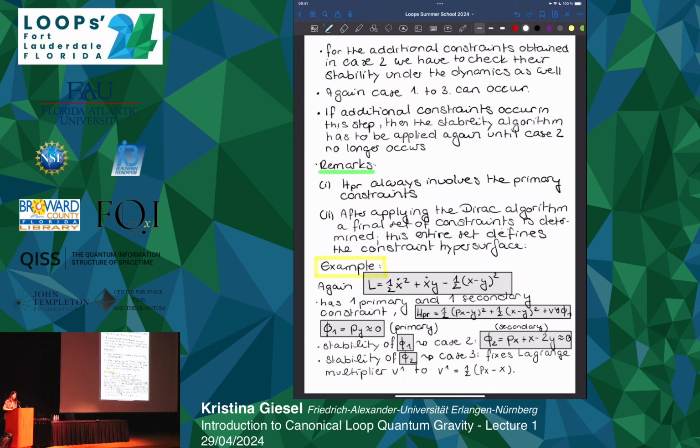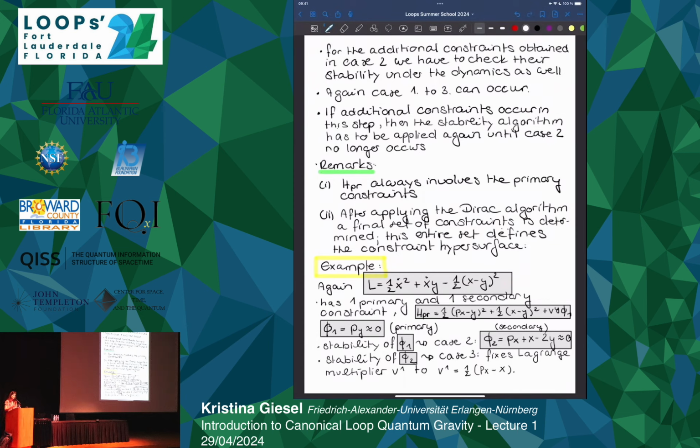And therefore, you have to run the whole algorithm again and see whether the stability of your additional so-called secondary constraints is case 1, case 2, or case 3. Now you run this algorithm until no longer case 2 occurs, so no additional constraints show up. And by this, basically, you get your final set of constraints.